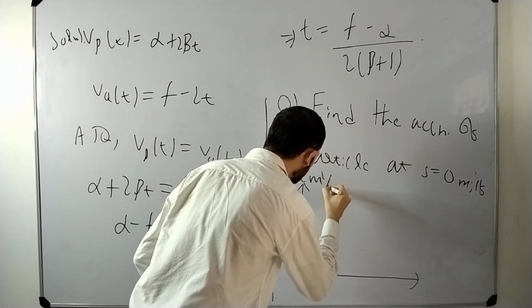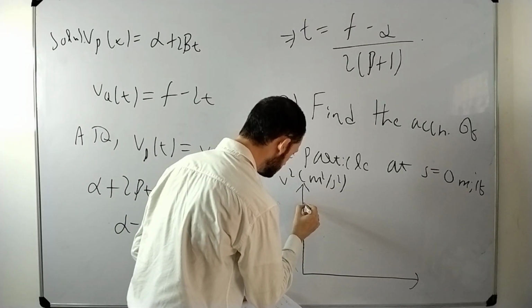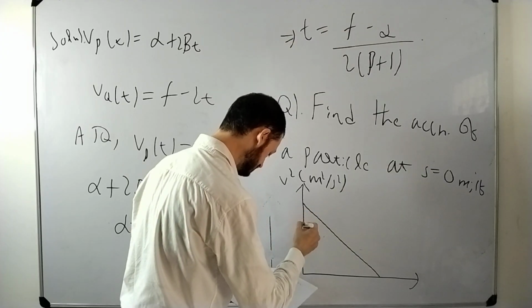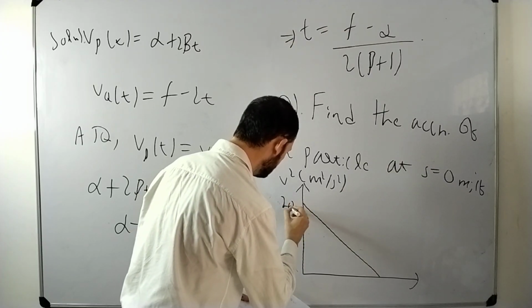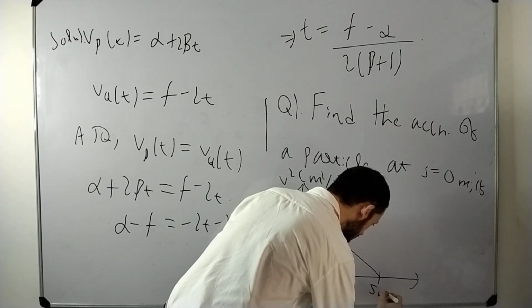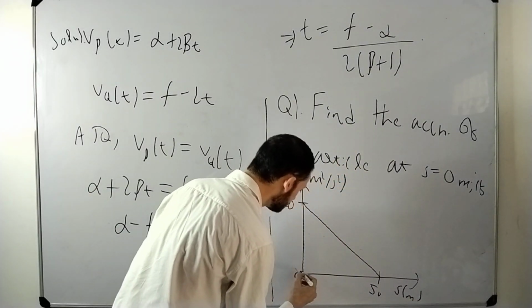So this is the thing, and this is 20, v square value is being given as 20, and this is students 50, and this is the displacement. Yes, and this is 0, origin.